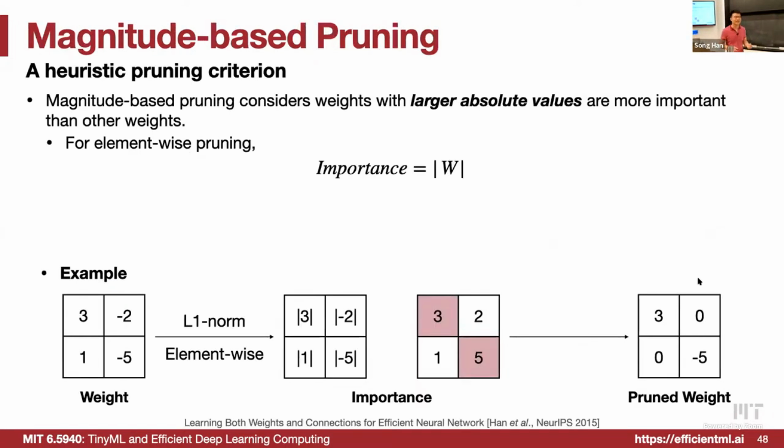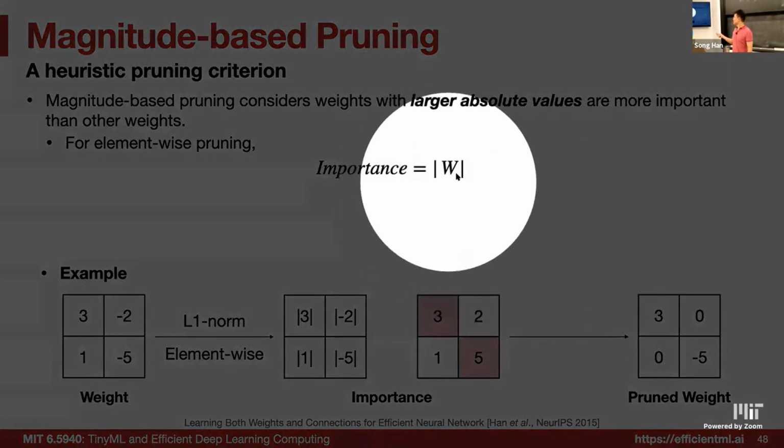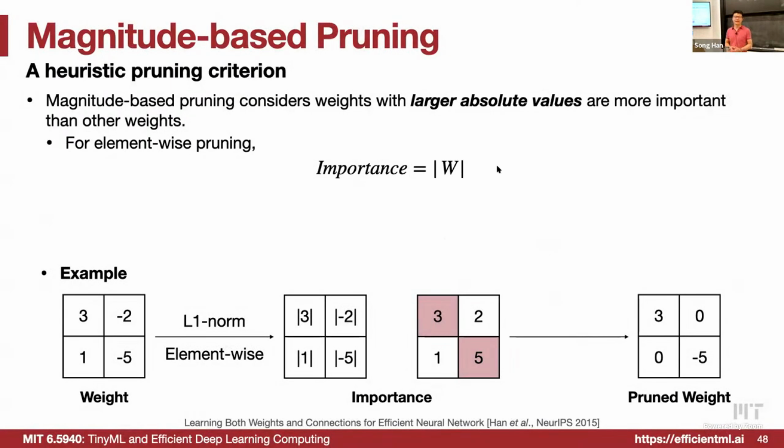So that is actually the most simple and very effective way of determining the pruning criteria. Just select the small ones, super easy. We just use the magnitude of the weight to indicate the importance of the weight. If the magnitude is small, then we just remove it, also called magnitude-based pruning. So we want to maintain the weights with large absolute value and prune the weights with very small absolute value.